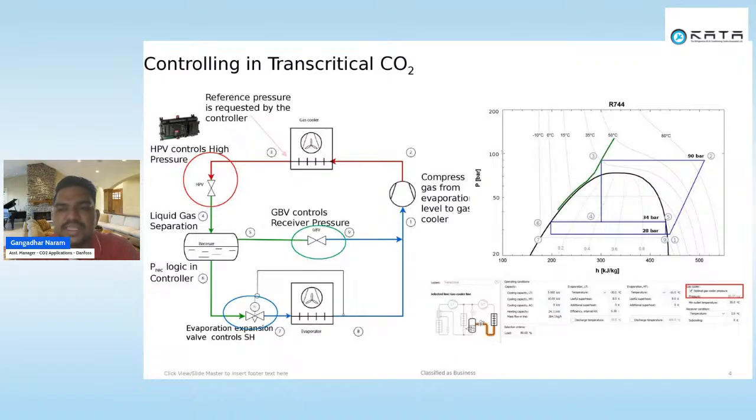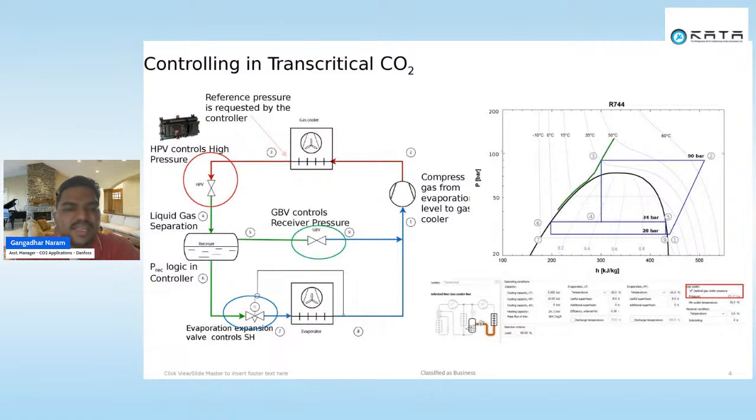On the right side, the pressure we maintain is the same, but we decrease the temperature from something like 100 or 120 degrees centigrade to 30-35 degrees centigrade. The third point is this point.